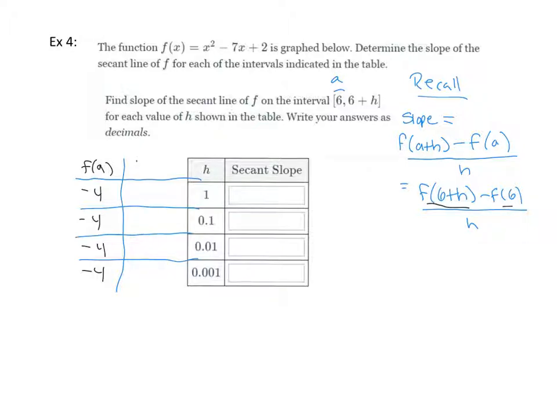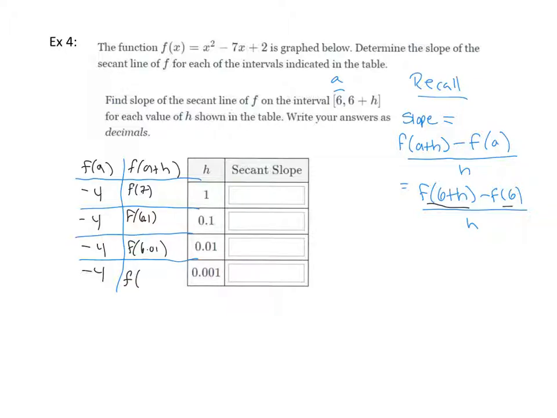And then I want my f of a plus h. Okay, that's f of 6 plus h, where my h is changing. So in this case, it's going to be f of 7. And in this case, it's going to be f of 6.1. And in this case, it's going to be f of 6.01.